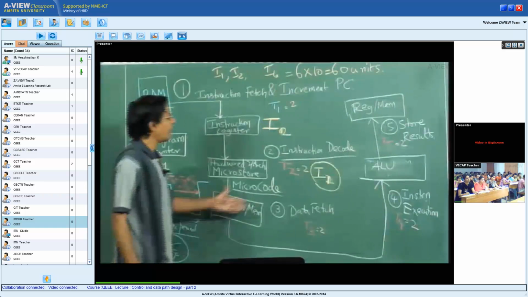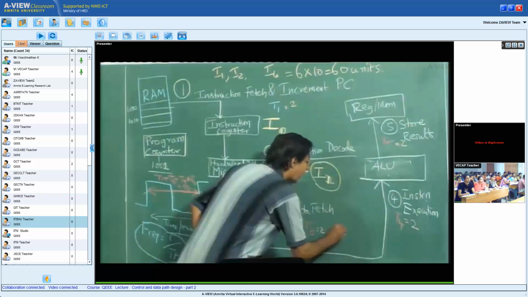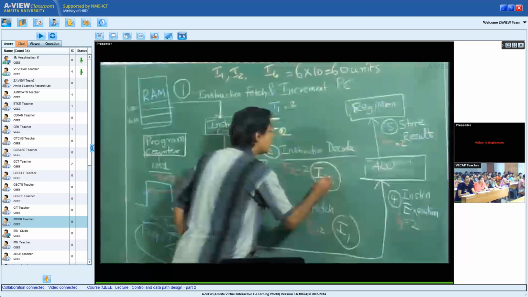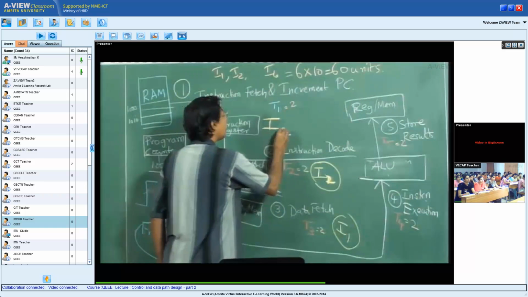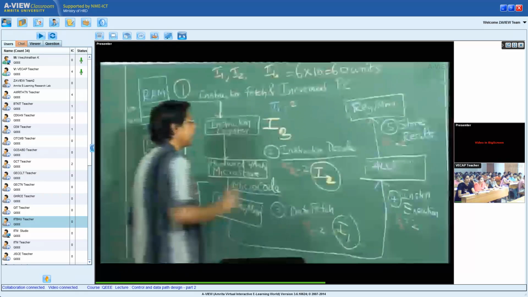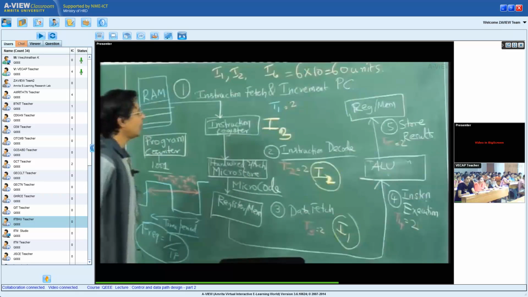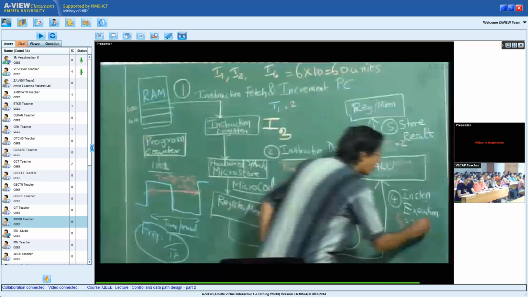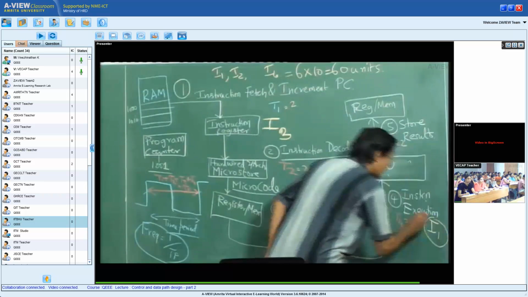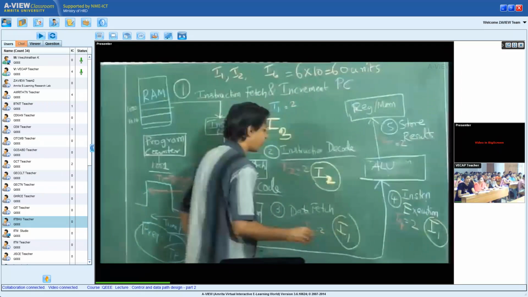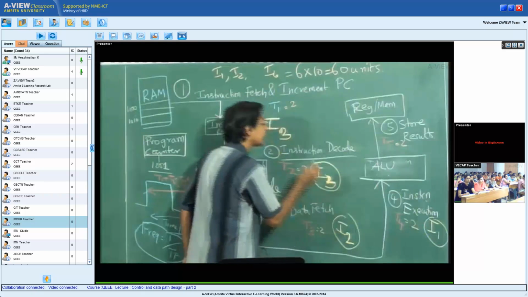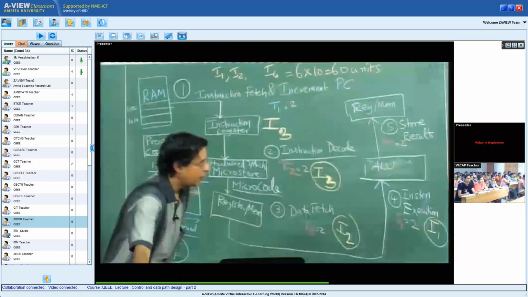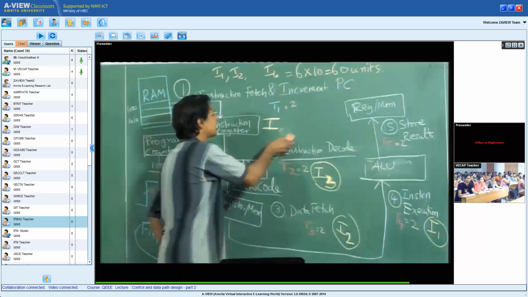When you are fetching the data for I1, you go and decode I2 and fetch instruction I3. When you are executing I1, you fetch the data for I2, decode I3, and fetch instruction I4.